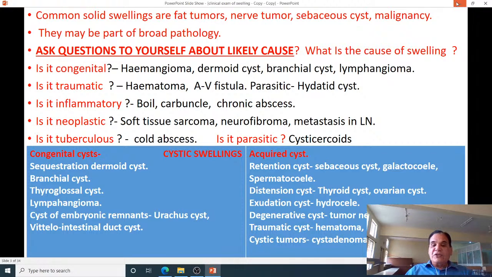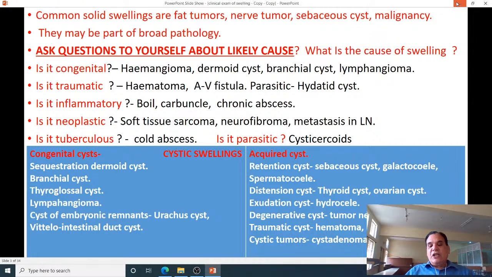In a male with some history of trauma, it is a spermatocele. If the swelling is a distension, slowly growing in size, then in the neck, thyroid cyst. In the abdomen, usually in a young female, ovarian cyst. Exudation, that means excess of fluid secretion. What is it? In males, hydrocele.